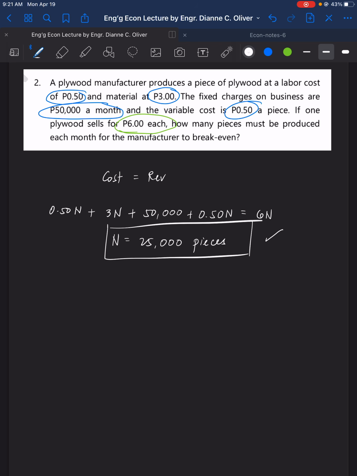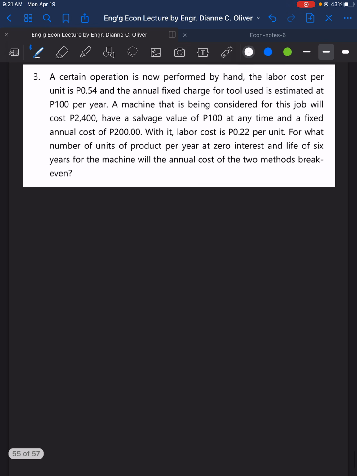So meaning, if you increase your production by, say, 26,000 pieces, then you now have a profit. But if you produce less than 25,000 pieces, then you will incur a loss. So this is the break-even point. Okay, next, let's go to the third example.